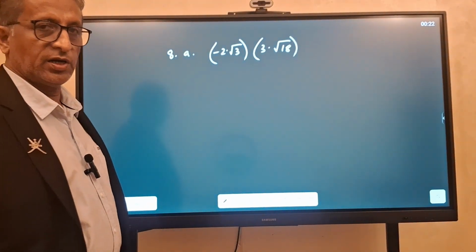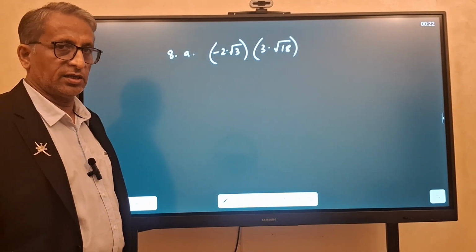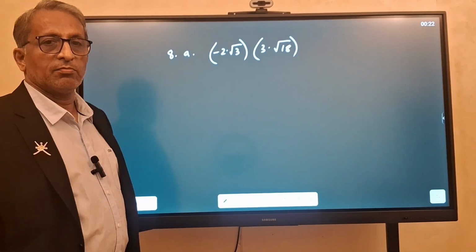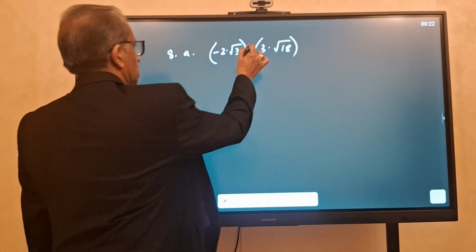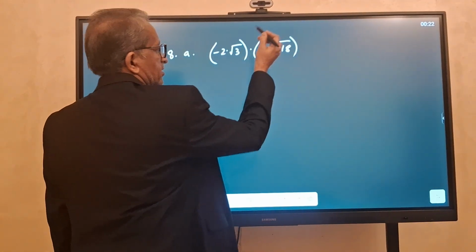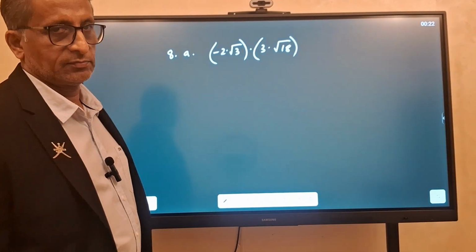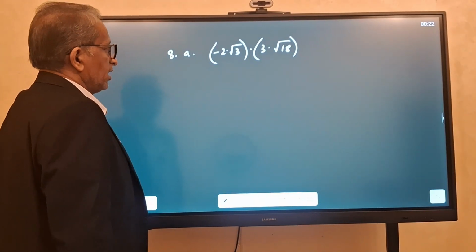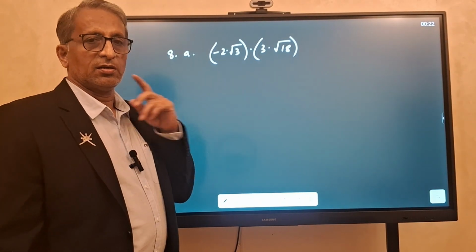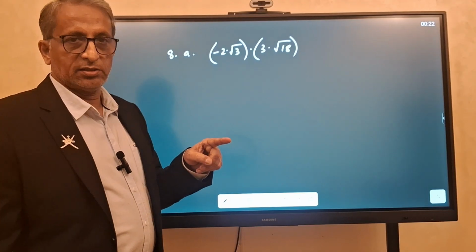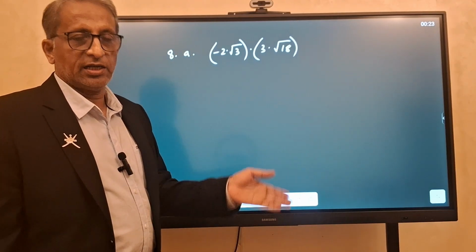Earlier we added and subtracted two radicals, but here we are multiplying two radicals. The rule is that you multiply number without radical and radical.